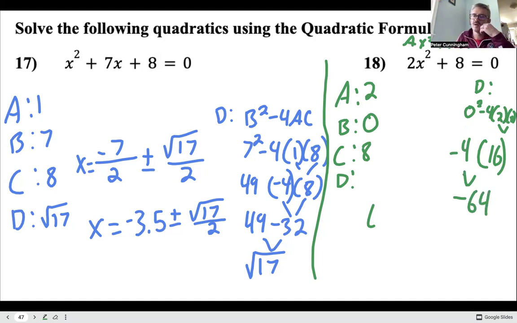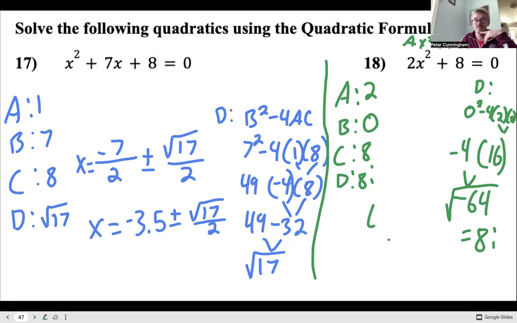Okay. Square root of that. Just think of, okay, we can't take the square root of a negative number. Okay. So take the square root of the positive version of it, which would be 8, with an i next to it, which means it's imaginary. Okay. So put 8i there.